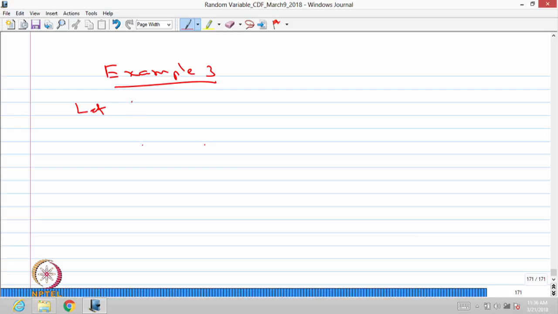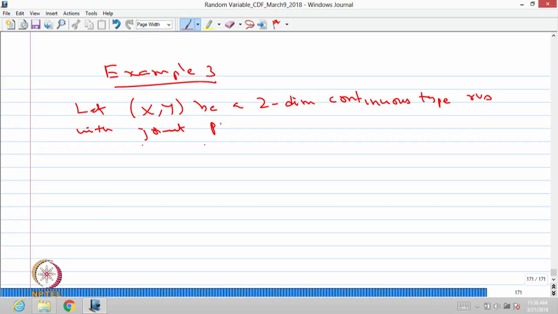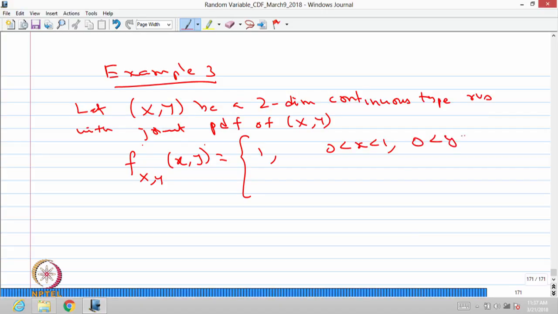Let x comma y be a two-dimensional continuous type random variable with the joint probability density function of x comma y given as f of x comma y, which takes the value 1 when x lies between 0 and 1 and y lies between 0 and 1, otherwise it is 0.